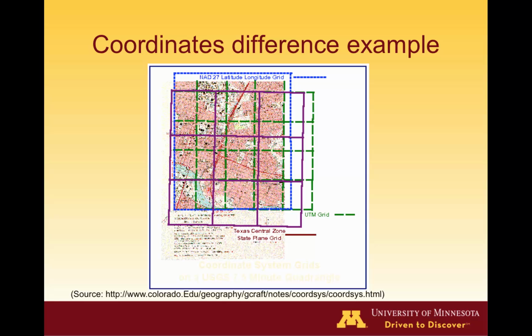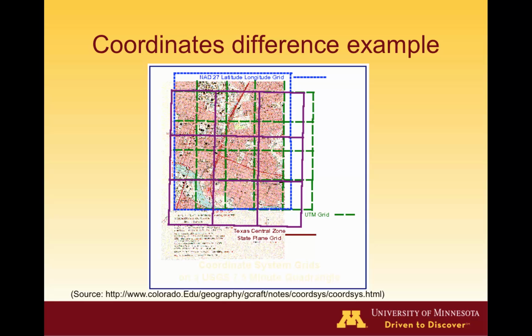So the coordinate system difference is clearly shown in this picture. For example, in Texas. Texas has its own Central Zone state plane grid, which is the purple grid, and the UTM grid is the green lines, and the NAD27 latitude longitude grid is the blue dotted lines.